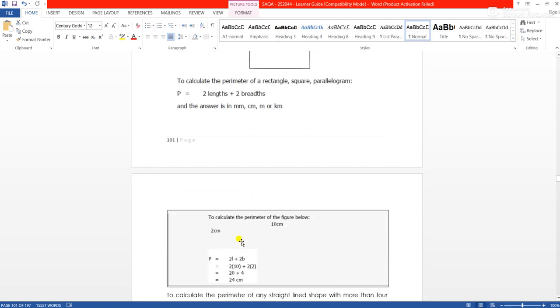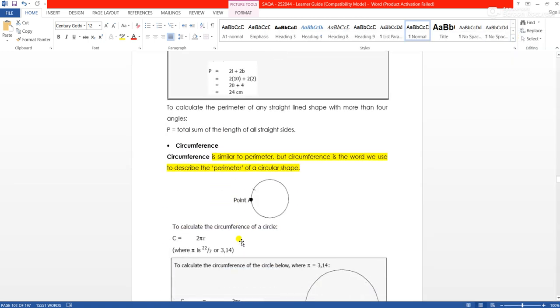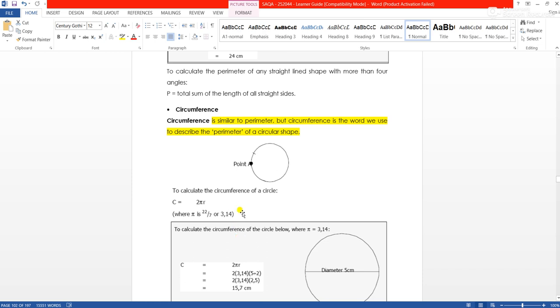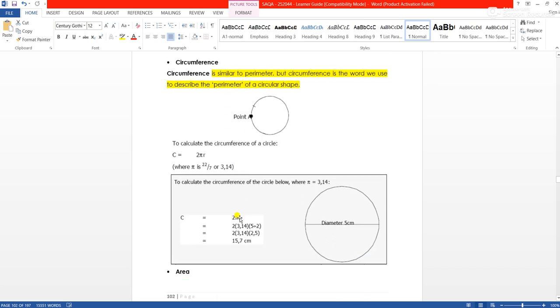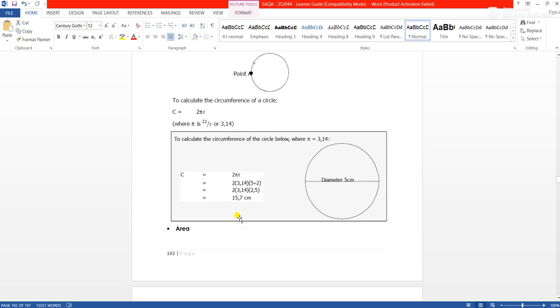Let's move on. So we've got the circumference. It's similar to a perimeter, but circumference is the word we use to describe the perimeter of a circular shape. The good thing is that the circumference comes with a formula, and within that formula you just have to substitute what you have. In most cases you will be given values.